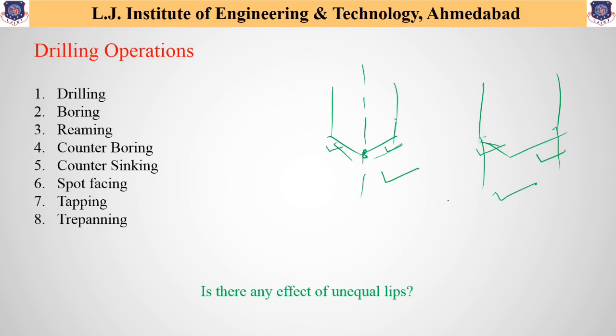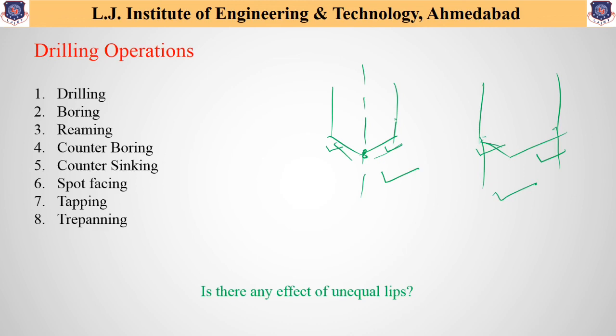So first of all, the first factor, this type of unequal lips leads to deterioration in the surface finish. Second point, we can say that if this length is unequal, it will produce an oversized hole. Also, it can break the tool.